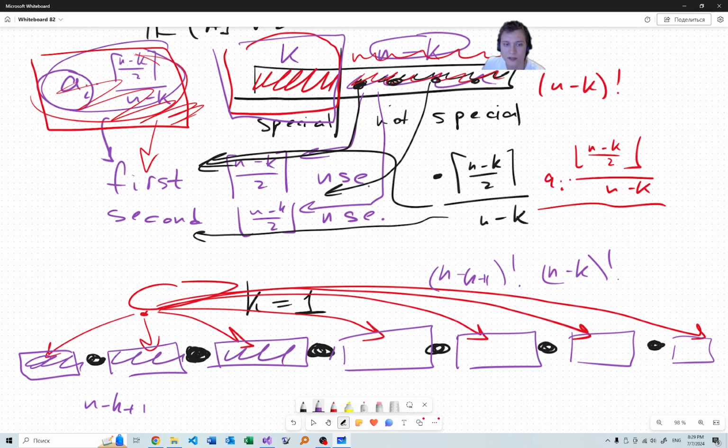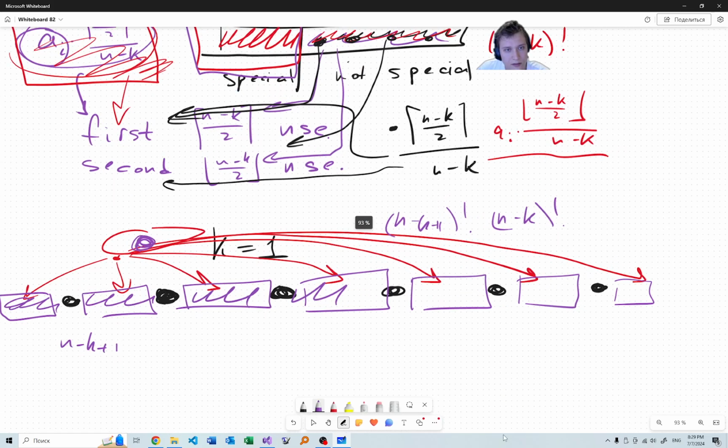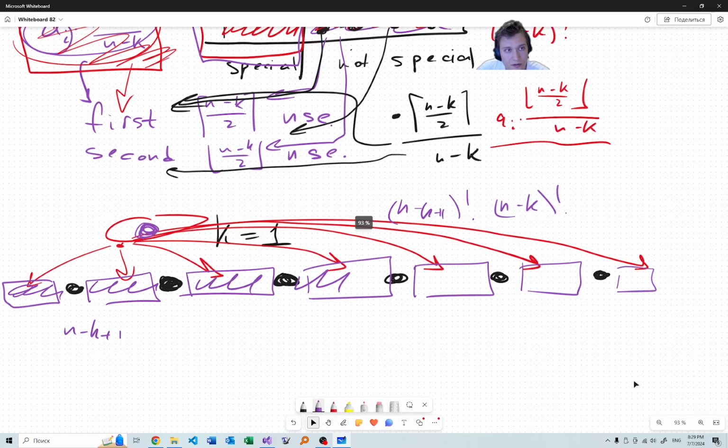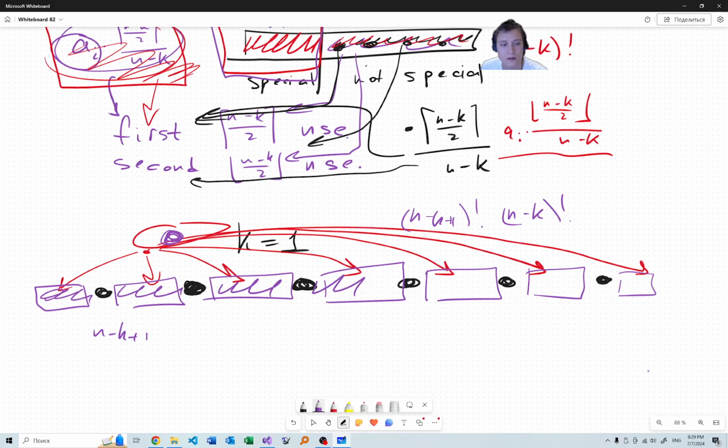So there are an equal number of them wherever we chose to put this element. Okay. So what is the probability that this special element got to the first player?